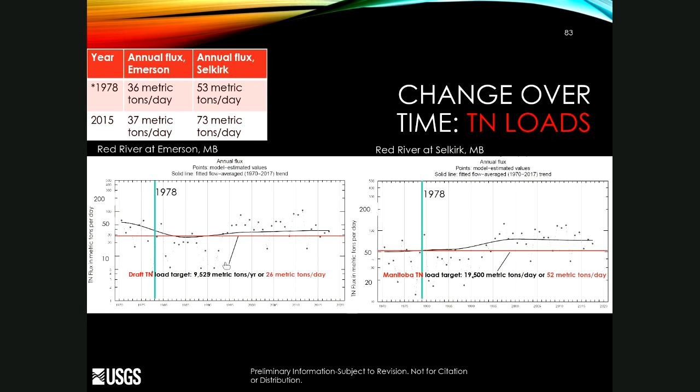The load at Selkirk has increased, but it isn't necessarily due to Emerson, which went from 36 metric tons per day in 1978 to 37 metric tons per day in 2015. But the increase at Selkirk is much greater percentage-wise than what's happening at Emerson. So for total nitrogen, something different is happening.